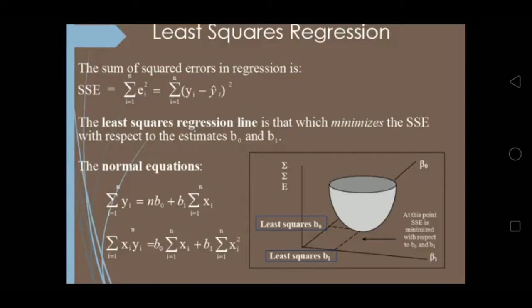The least squares regression line is that which minimizes the SSE with respect to the estimates b0 and b1.